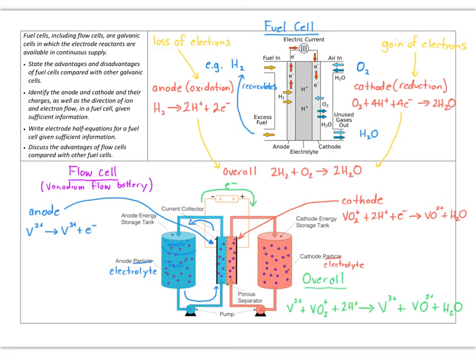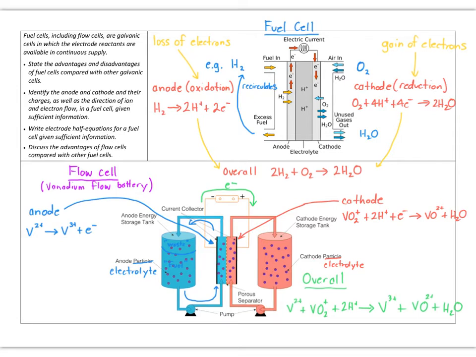So it's very similar in some ways to the fuel cell. Those tend to use gases, so hydrogen gas is the most common, and oxygen gas, whereas here we have liquid electrolytes that can be easily stored in large tanks to operate it.